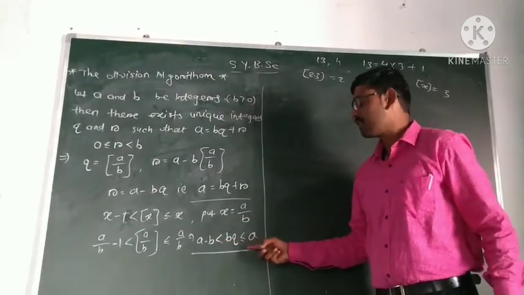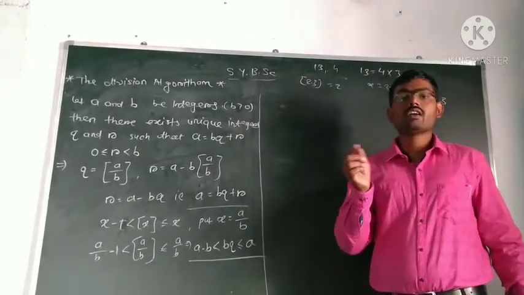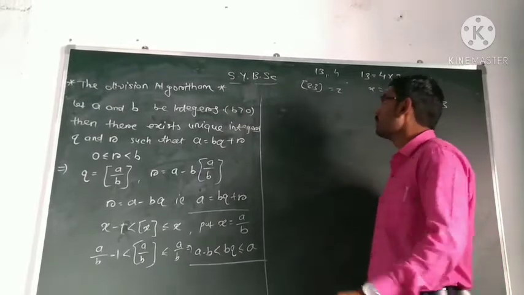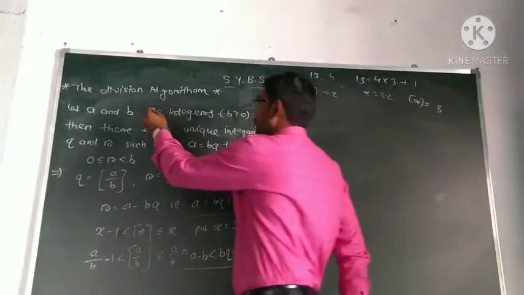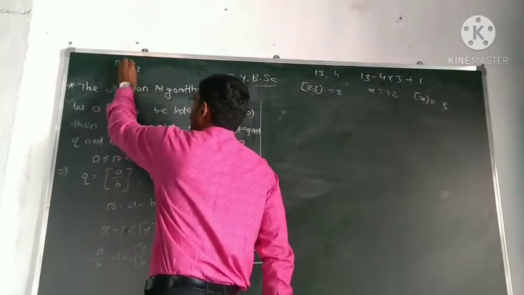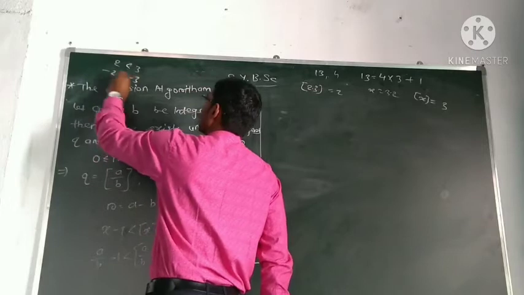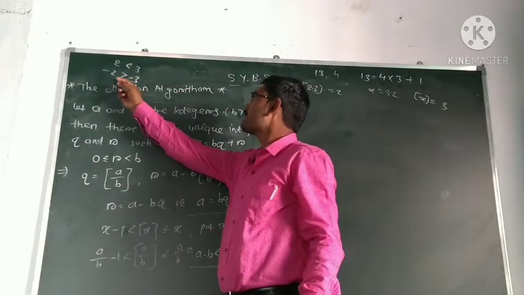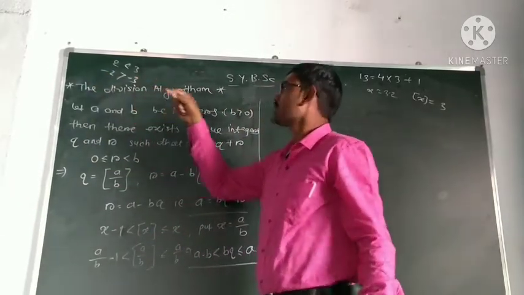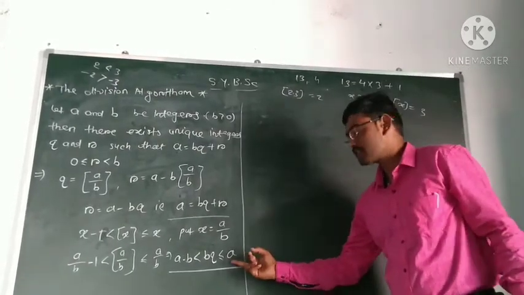Now multiply this inequality by a minus sign. We know if you multiply an inequality by minus, the inequality gets changed. We know 2 is always less than 3, but if you multiply by a minus sign, then minus 2 is greater than minus 3. So if you multiply by minus, the inequality changes. So multiply here also by minus.